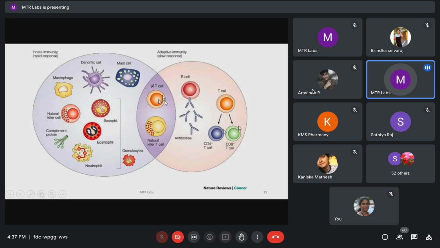Gamma delta T cells have recently been used mostly in cancer immunotherapy. A lot of attention is there to research these T cells and explore more on this type of T cell.